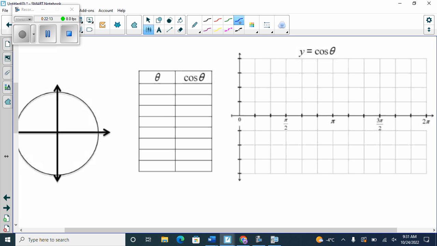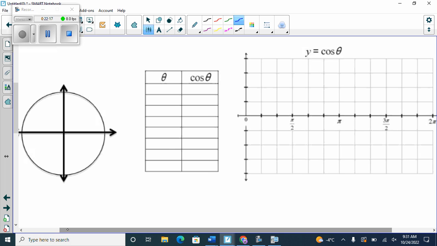So, I'm going to label these first. So this is pi over 6.